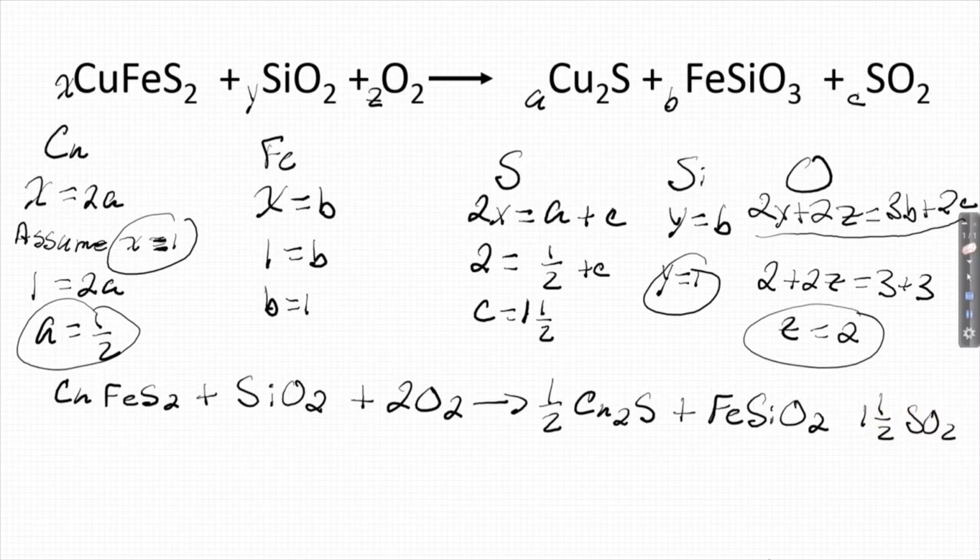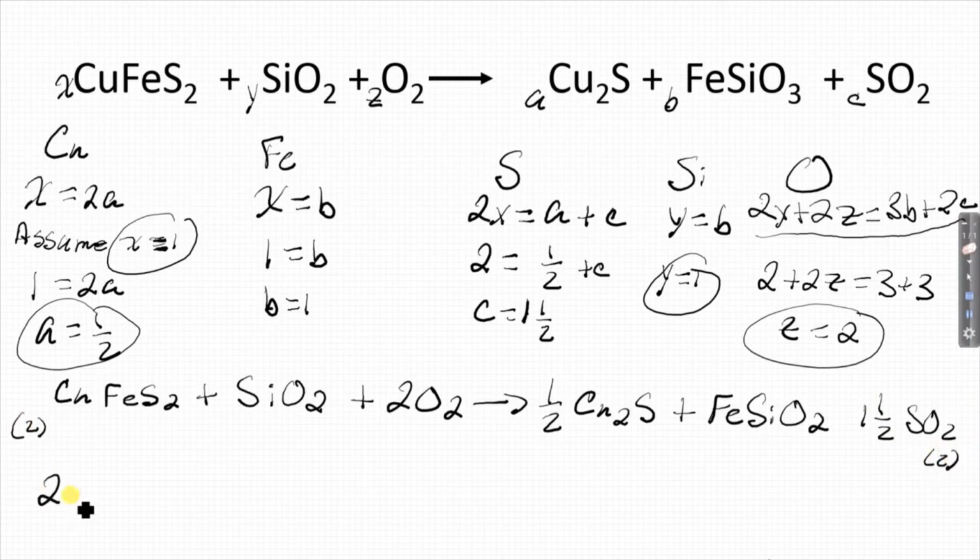Okay, so we're not quite done. In material and energy balance, we generally like our equations to be balanced with whole numbers. So what would make this a whole number? 2. Would multiplying this by 2 also make it a whole number? Yes, it would make it 3. So we multiply the entire equation, both sides of the equation, by 2 to get whole numbers again.